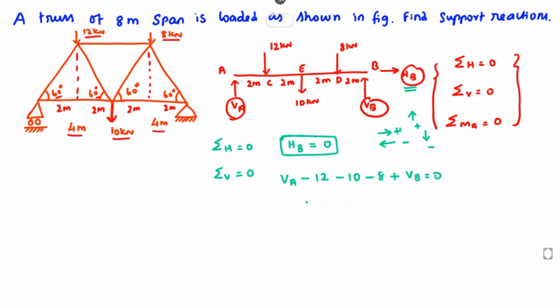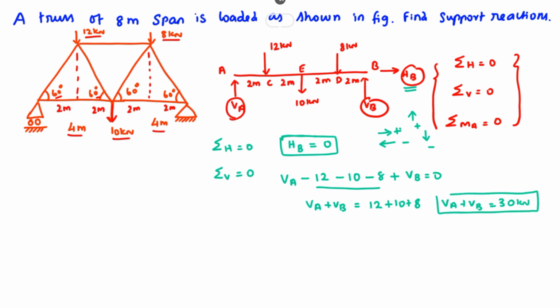So VA plus VB equals 12 plus 10 plus 8, which is 30 kilonewton. We take this as equation 1.